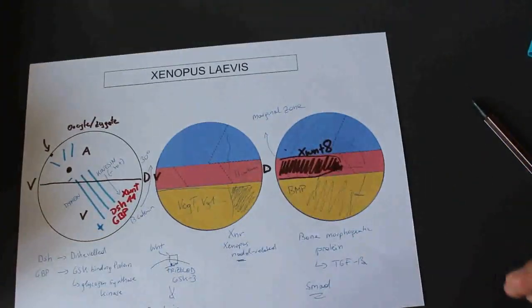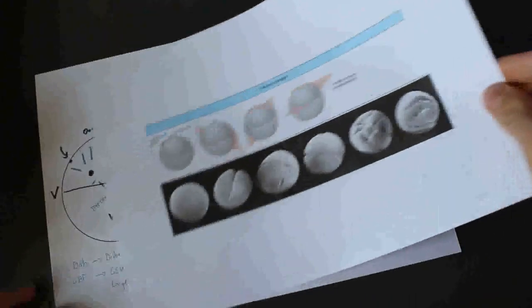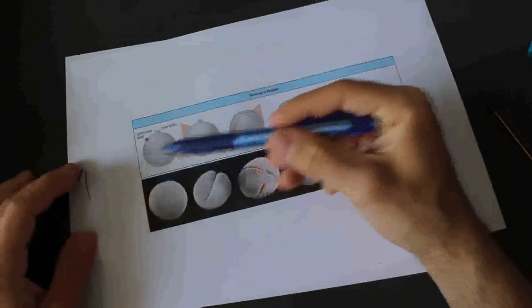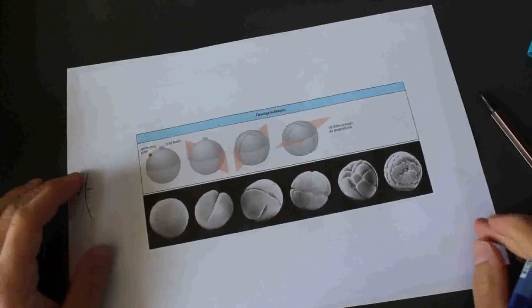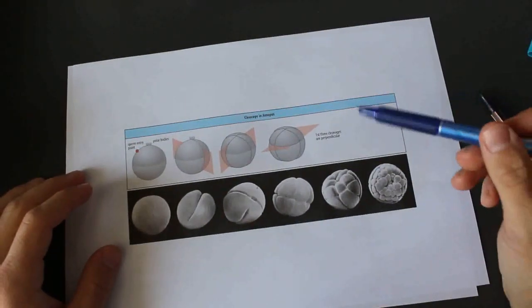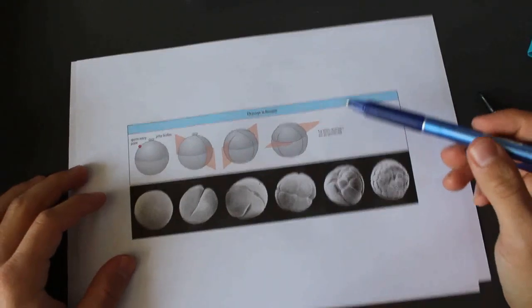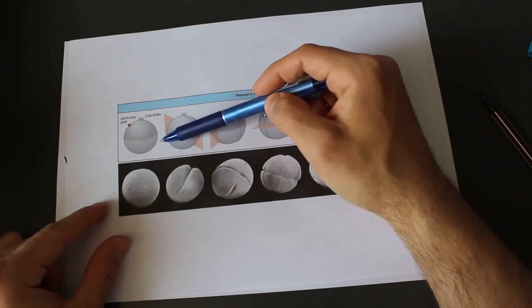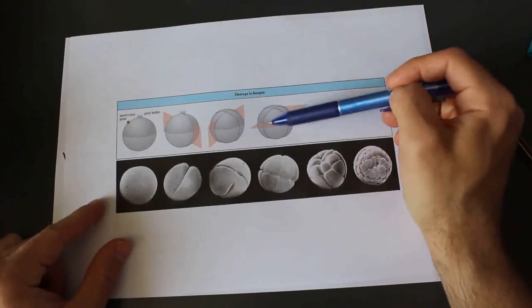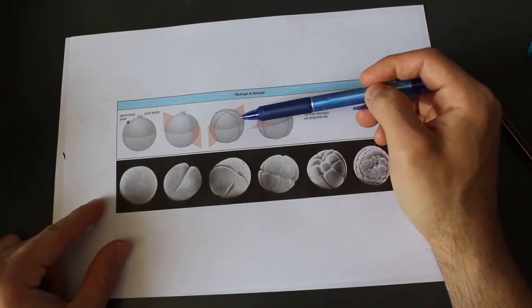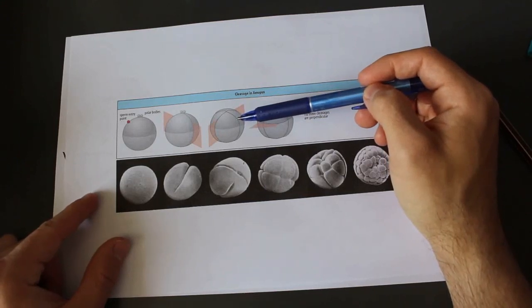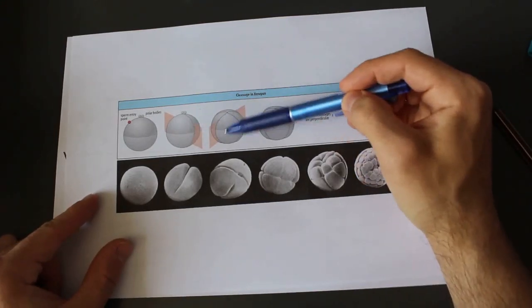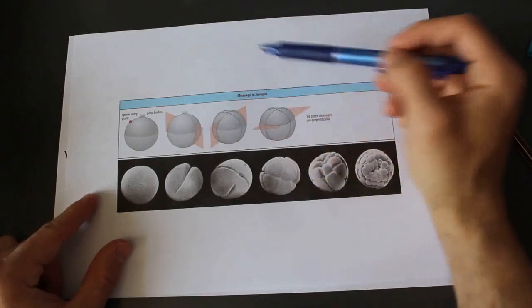Right. Now I'm going to show you some details before I explain why you need these factors and proteins and why they're so important. We talked about the sperm entry point. We talked about how the dorsal ventral axis is determined. Now we have cleavages. Cleavages are some kind of mitosis, but without cell growth in between. So the whole volume stays the same.